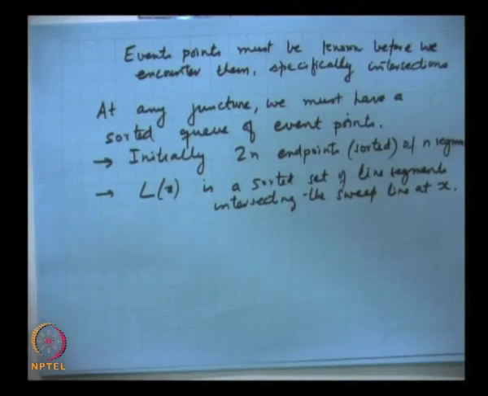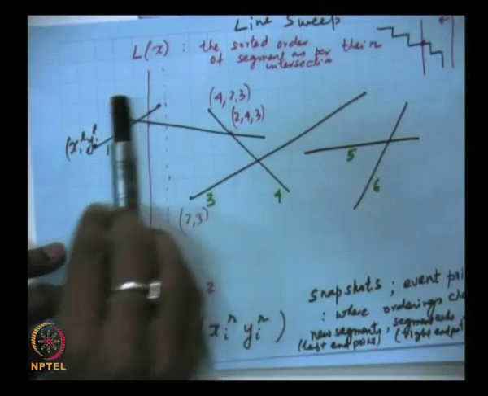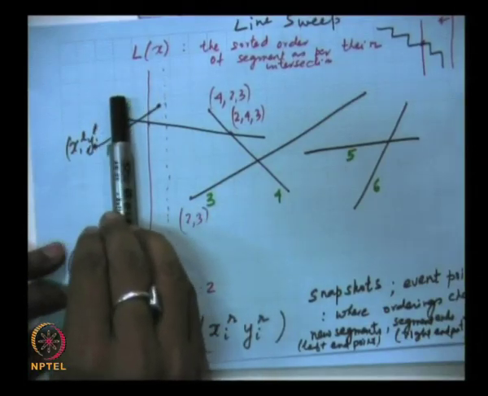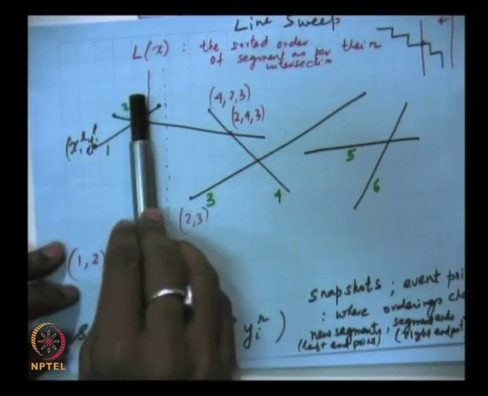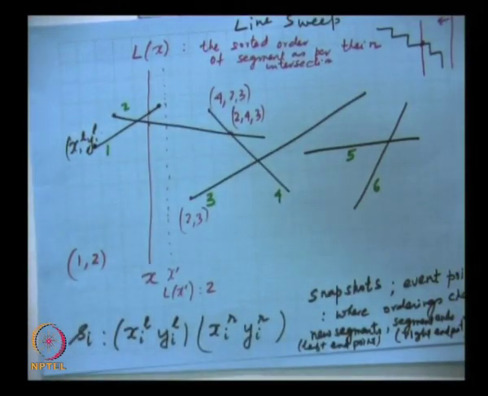One is the sorting of the event points along the x axis. The other is the snapshot, which is the intersection of the line segments with the sweep line. What we have observed, at least we have made one observation: if you go back to this, as we sweep across from left to right, any intersection that happens is going to switch the order of two line segments.